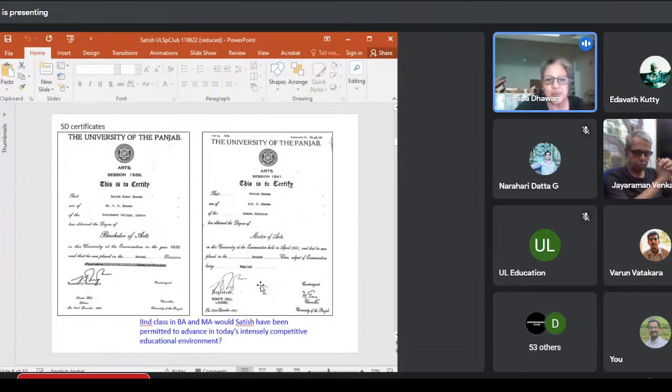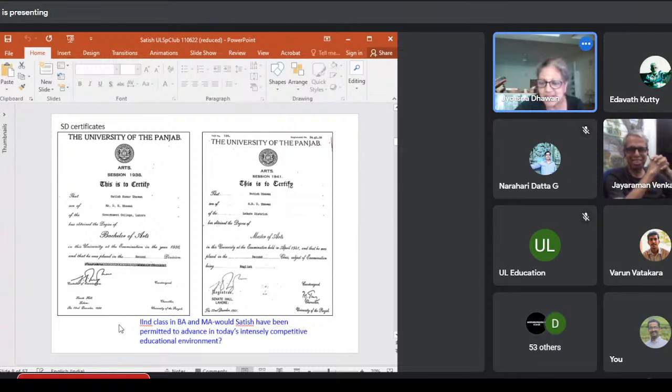I'm going to show you two pictures, which are of my father's degree certificates. You can see that both of them are in the second class, okay? Now, second class in BA and MA, can you imagine a person having a second class today being permitted to advance in a very intensely competitive educational environment?